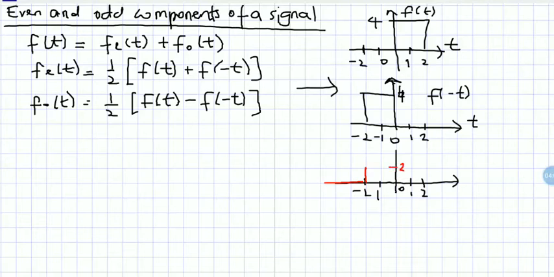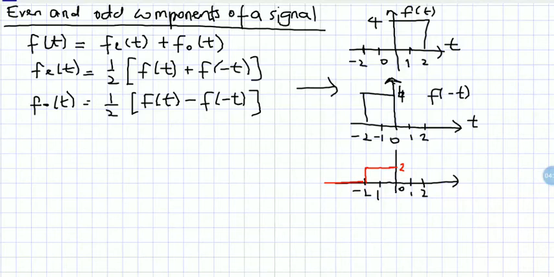This is 2, right? So as we go from left to right, remember always go from left to right. We pass t equals minus 2, and then we approach t equals 0. So this is the same value here, and that remains 0 there. So you have the same value up to point t equals 0.